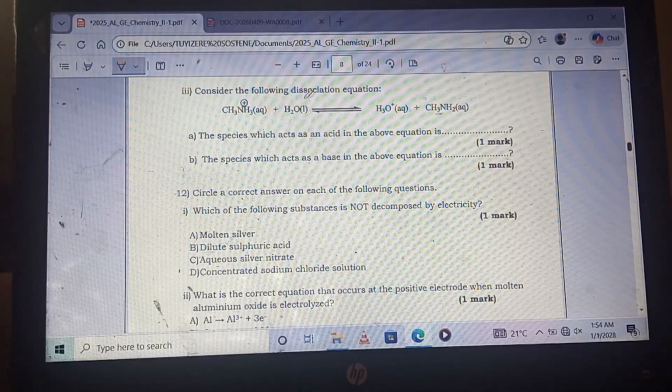Question 11. Consider the following dissociation equation. Methylamine ion reacts with water to form water and methylamine.